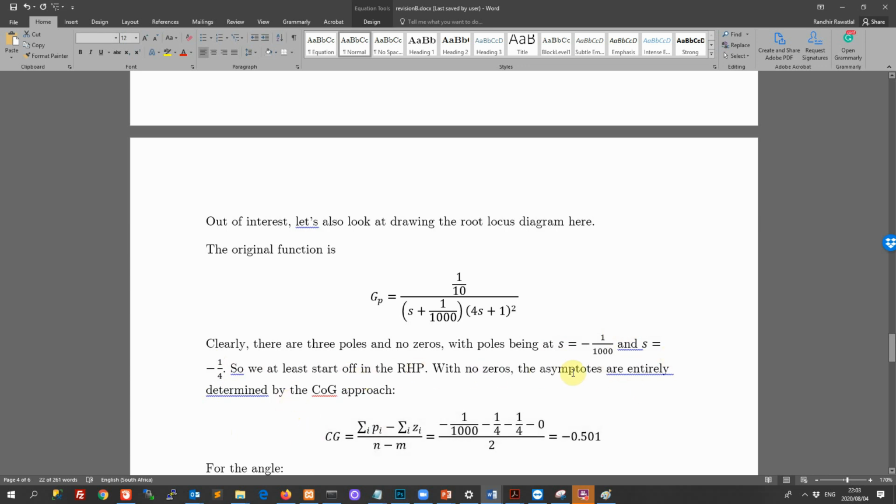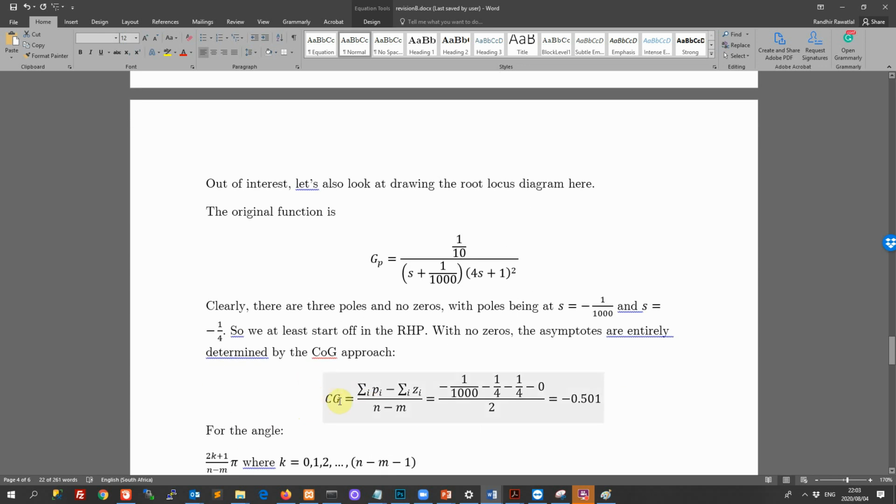So let's see, no zeros, okay. So the center of gravity, we said we could find the center of gravity for our asymptotes from this formula. We had also said that if you have any zeros, one or some of your loci will wrap into those zeros.